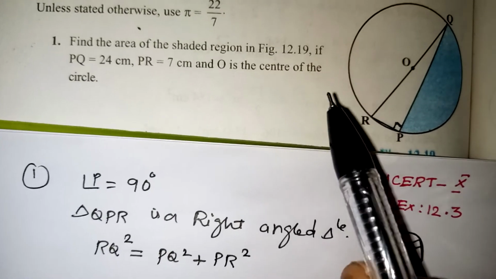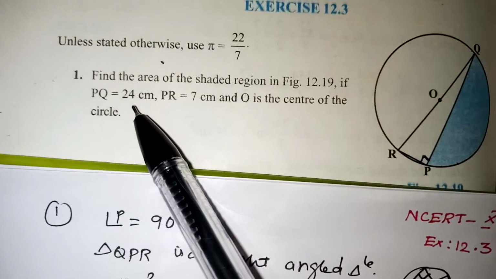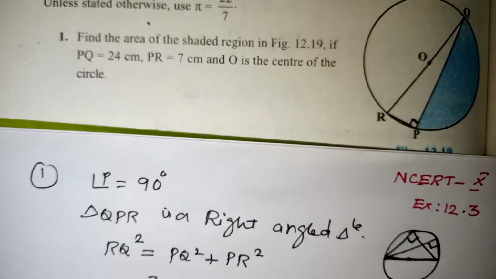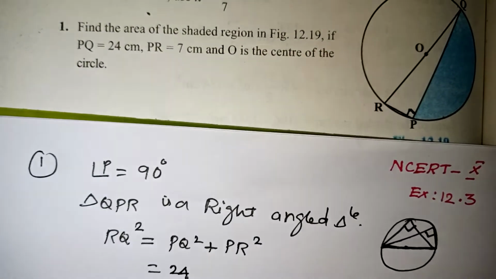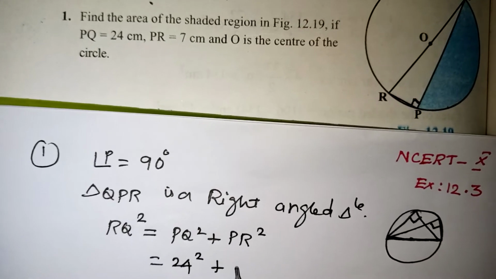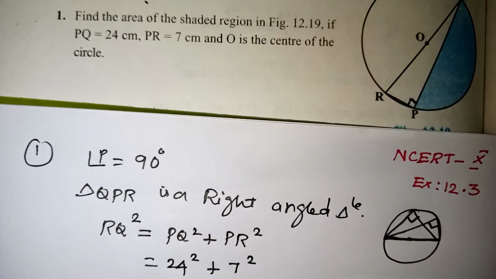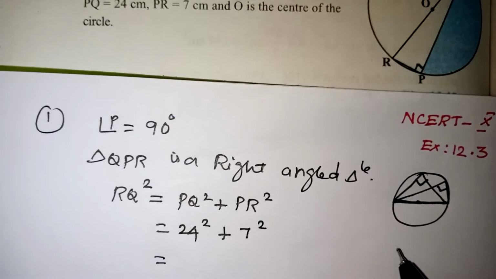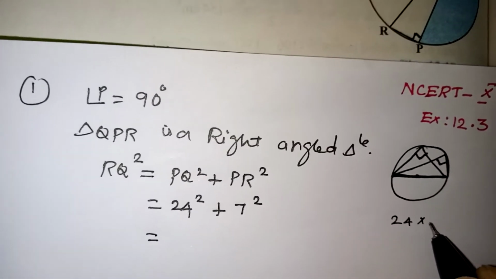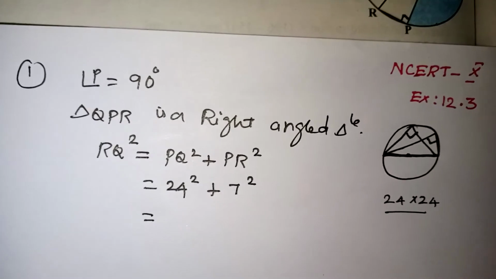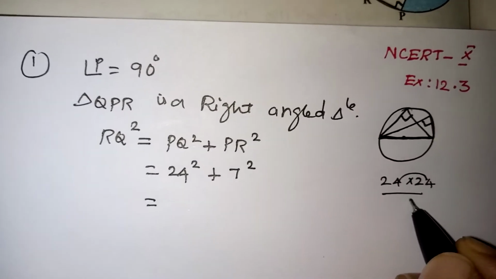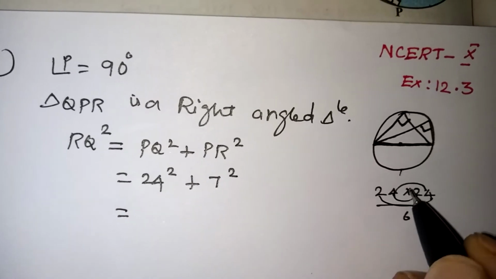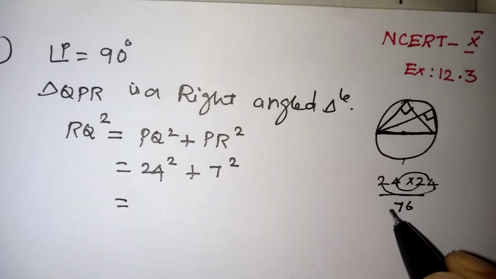Now coming back to the question, PQ is given as 24, PR is given as 7. So we write 24 squared plus 7 squared. Now we need to find 24 squared. 24 multiplied by 24: 4 fours are 16, balance 1; 2 fours are 8, 2 fours are 8, 16 plus 1 is 17, balance 1, 5.